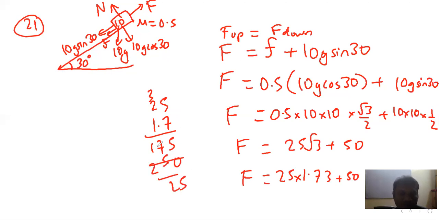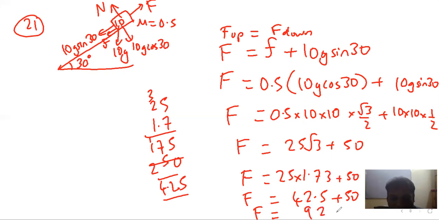So this will be 42.5. So this is 42.5 plus 50, which almost comes out to be near 92. So our answer should be almost 92. So the correct answer to this question is option B, 91.4 Newton.